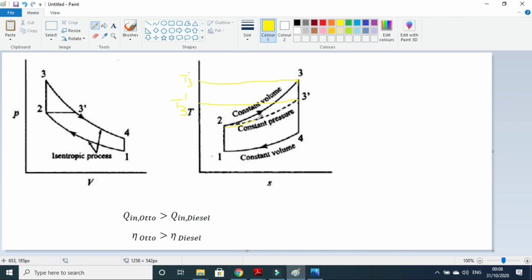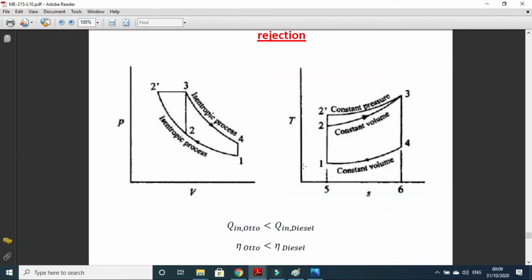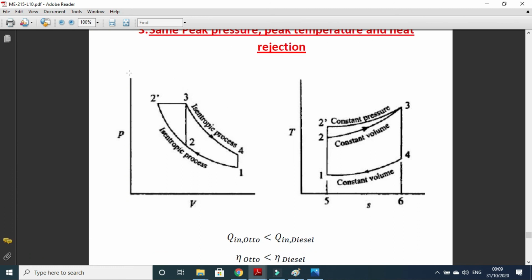But in constant pressure heat addition, the heat provided will also be used to do work. So some energy will be used to do the work, and some energy will be used to change the internal energy. That is why T3 dash is lower than T3. Now let's do the third case: same peak pressure, peak temperature, and heat rejection.